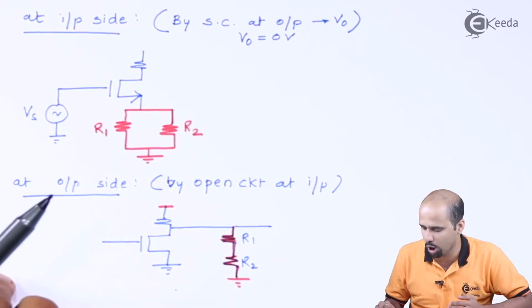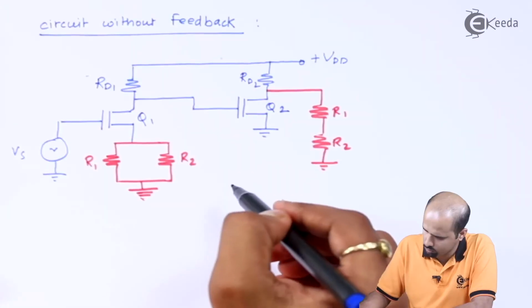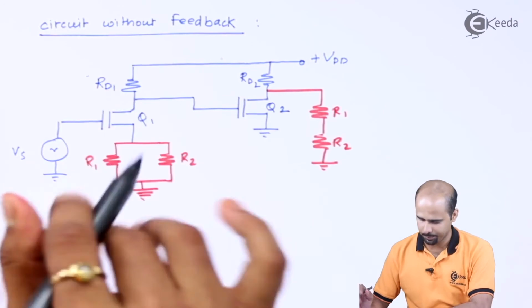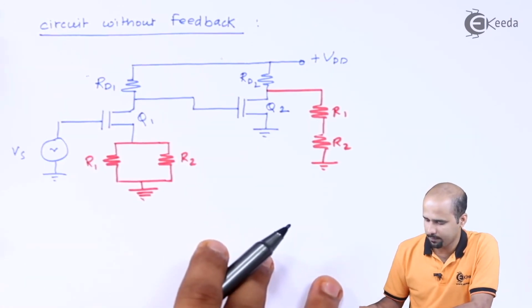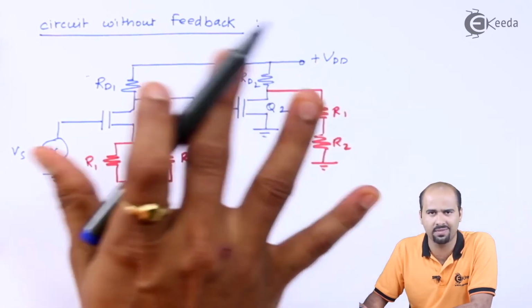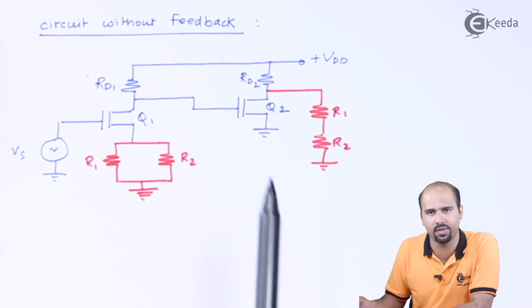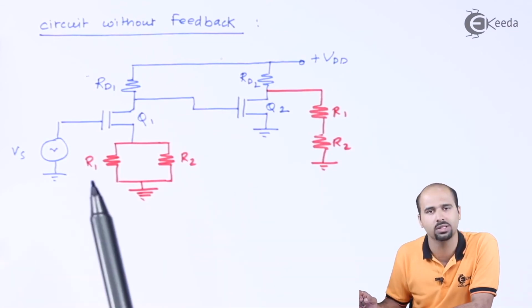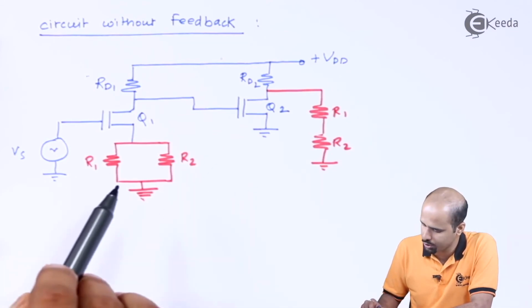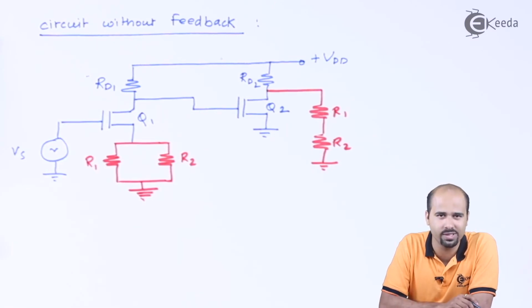Now we will draw the combined form of the circuit without feedback. This is the circuit without feedback. Wherever RD1, RD2 is placed, I will keep it as it is, and wherever your modification is there, I have kept it in red ink. Okay, so whatever circuit I have, I will convert this into an AC equivalent model.